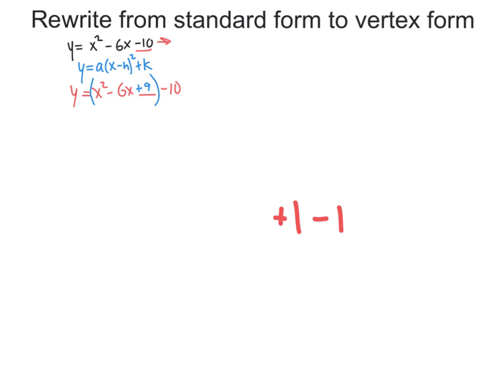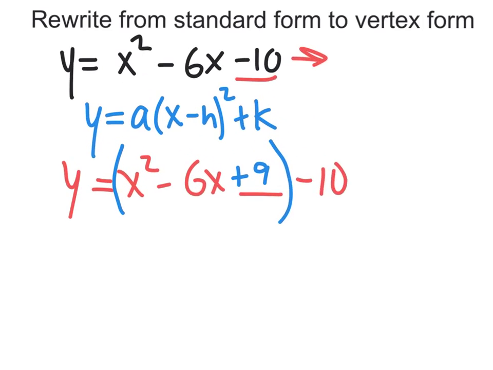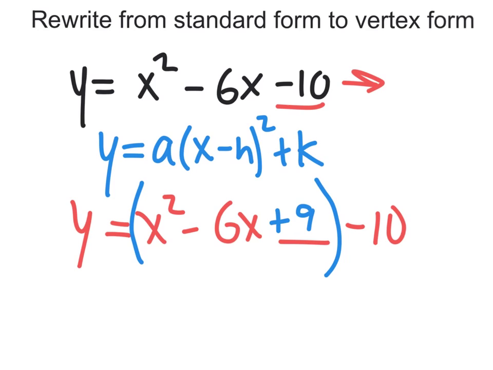So let's go back to the problem of completing the square that we had going on up here. So we had a standard form equation. I moved the 10 over, just made some space for it. There's my space. And then I focused in on the x squared minus 6x with the space, and I want that perfect c value. So what I do is take half of b, which is negative 3, square it, and I got 9. That's my perfect c value.